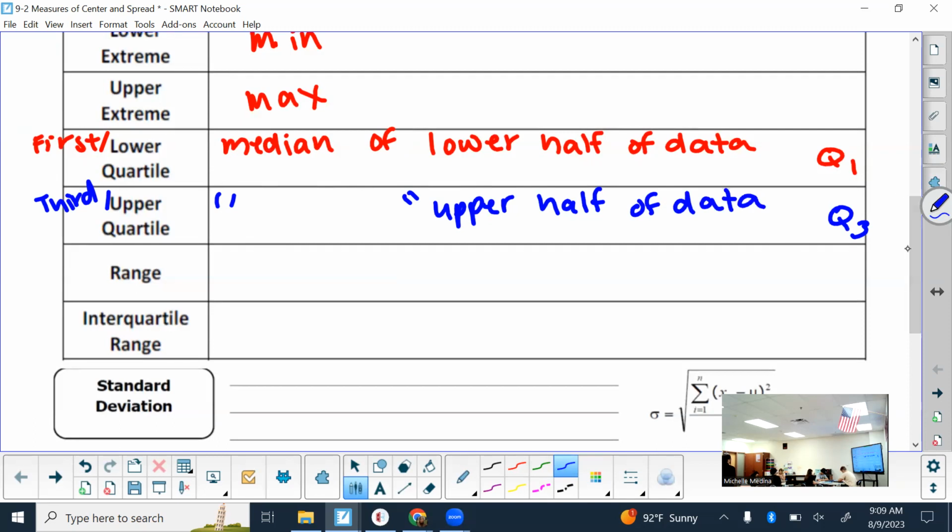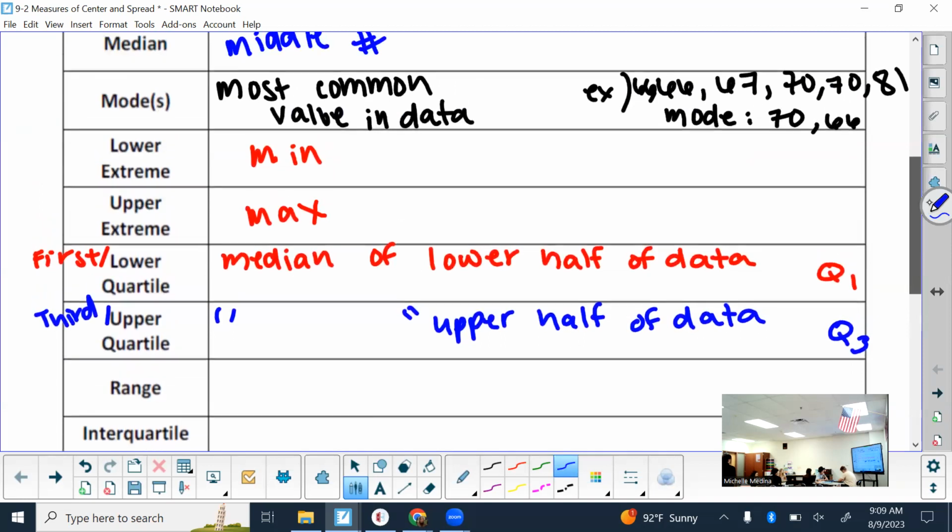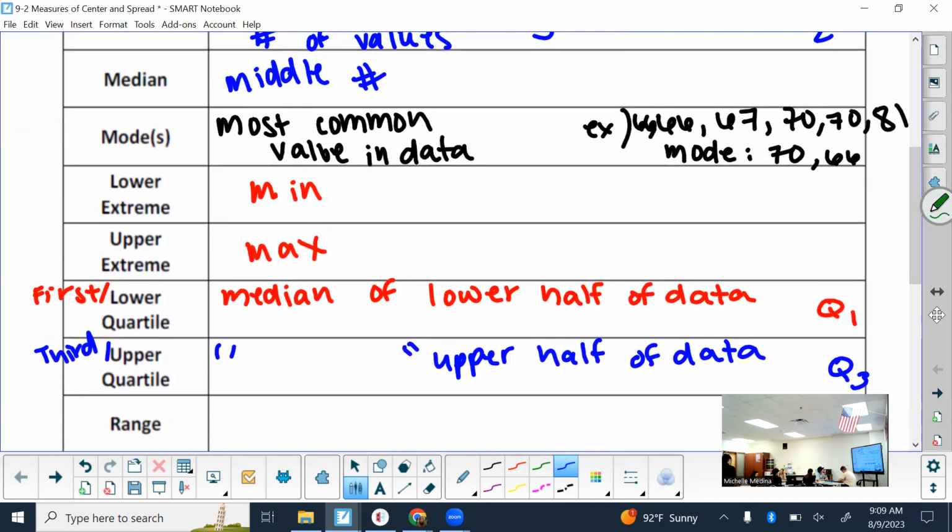So we have Q1, Q3, what's our Q2? Your normal median, the middle number of your entire data set. So just maybe put Q2 here so that we don't forget. That's like your first 50% of your data. Now like 75% when you get to quarter 3.